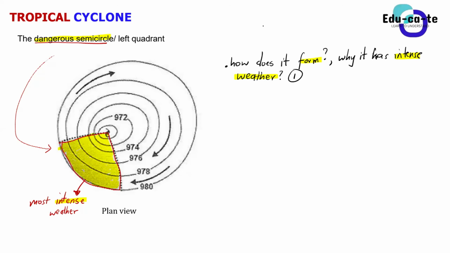Why does it have these intense weather conditions? I think it's because of the axis, therefore the dangerous semicircle is usually lifted, sir. So I think that is why it makes the weather more complicated or weird.